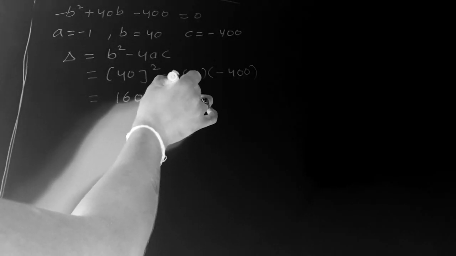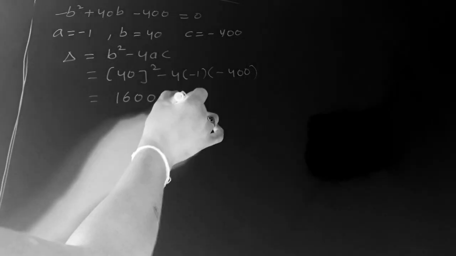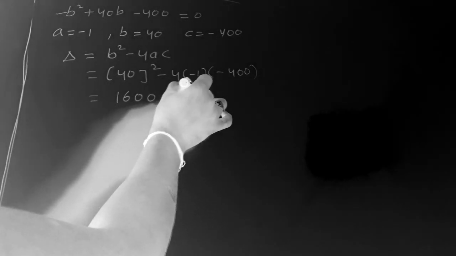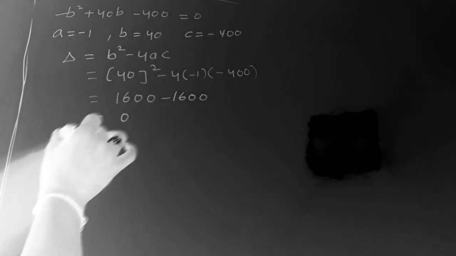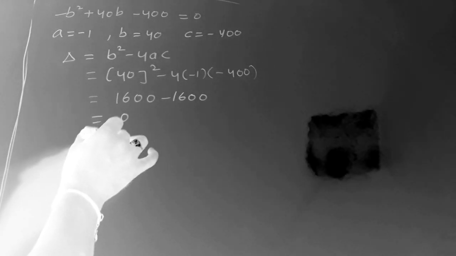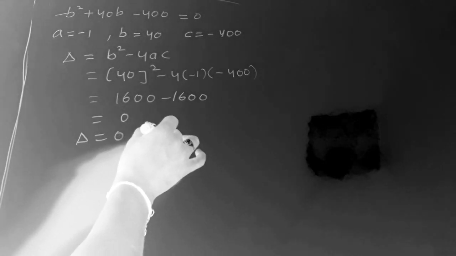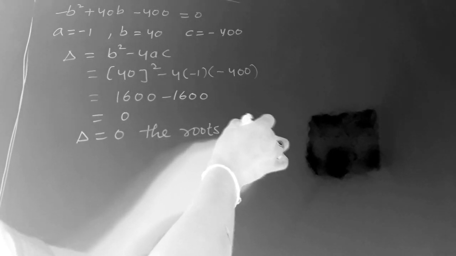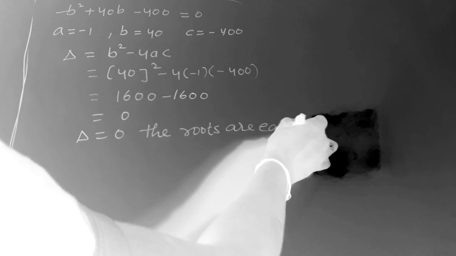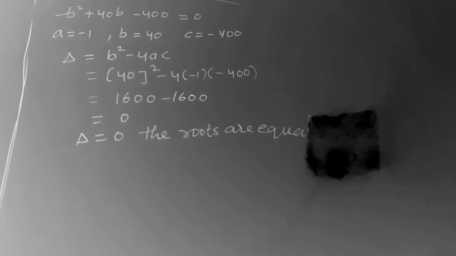Minus into minus is plus, plus into minus is minus. So 4 into 400 is nothing but 1600. So that is 0, I am getting. Delta is equal to 0. The roots are equal. Equal roots I am going to get here.